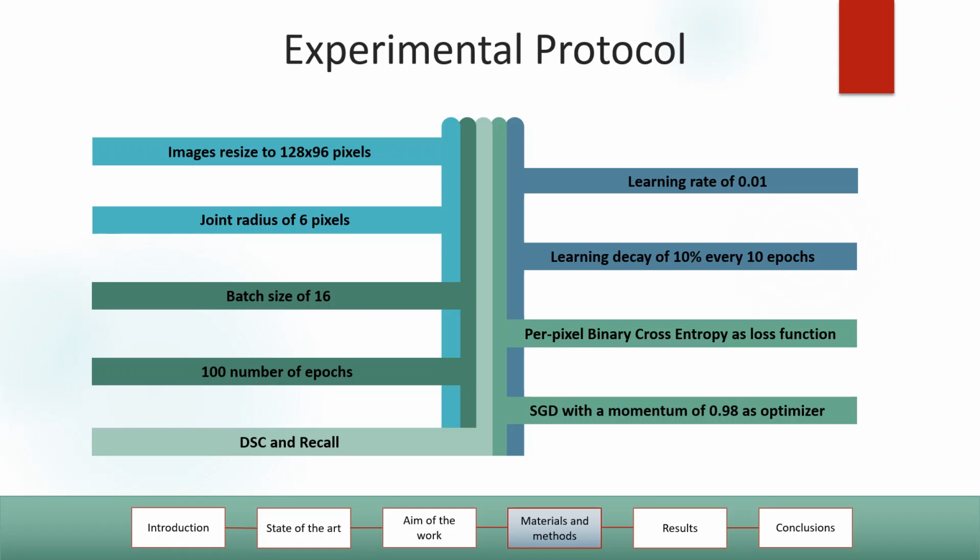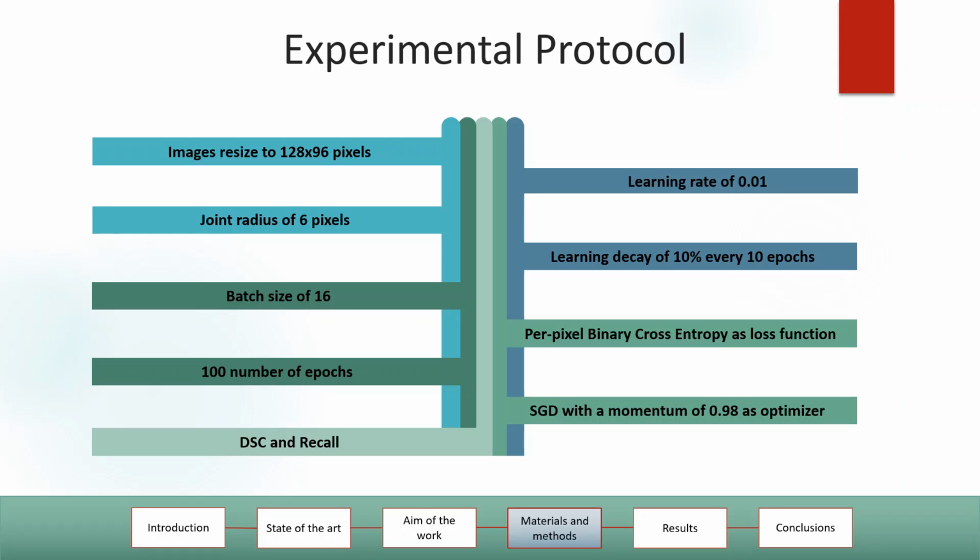For training the detection network, an initial learning rate of 0.01 with a learning decay of 10% every 10 epochs was applied. Moreover, a batch size of 16 and 100 epochs were applied. The detection model was trained using the per-pixel binary cross entropy as loss function and stochastic gradient descent with a momentum of 0.98 as optimizer.